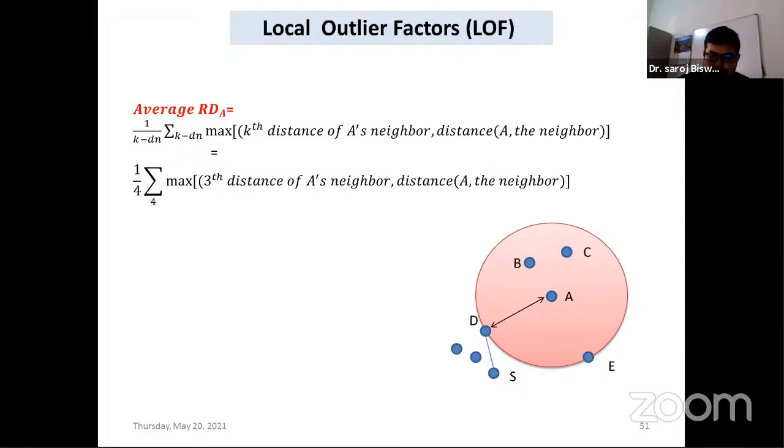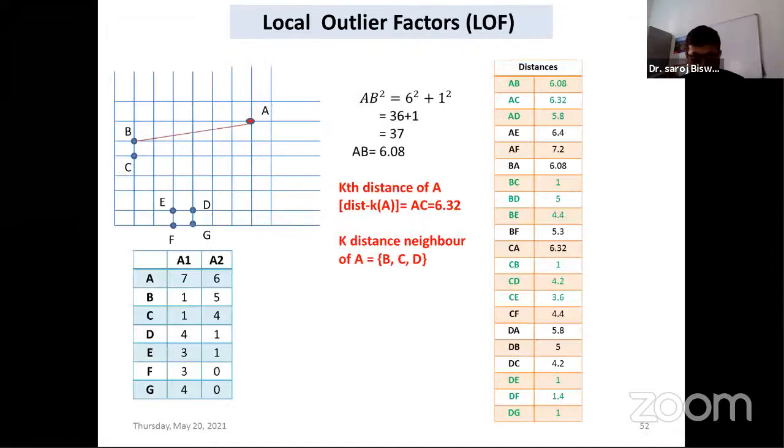So here we had an example. Now we are going to see one numerical example, and then we'll calculate the reachability distance and finally the LOF score of the problem. So here initially we have 7 points or 7 observations. Understand that whenever I'm talking about a point or observation, one observation or one point represents a pattern or a vector, right? A pattern.